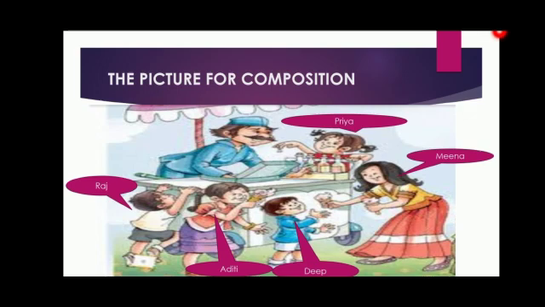Now you can also give names to these children. You can give names like Meena, Priya, Aditi, Deep, Raj. You can also give names according to your liking or the names of your friends and so on.